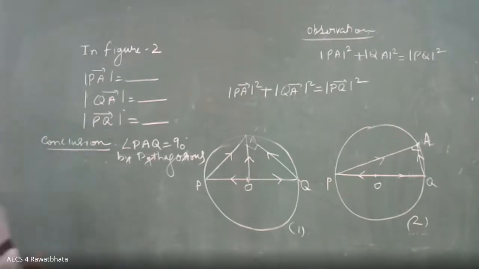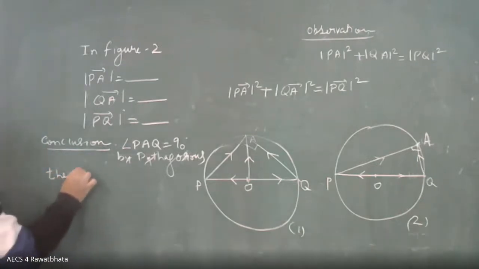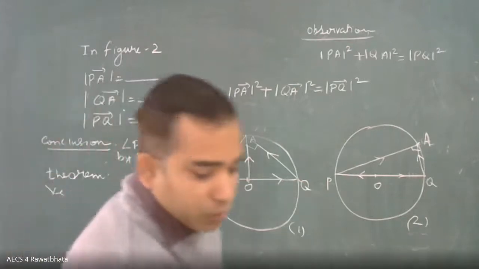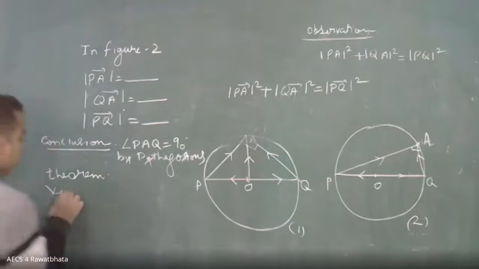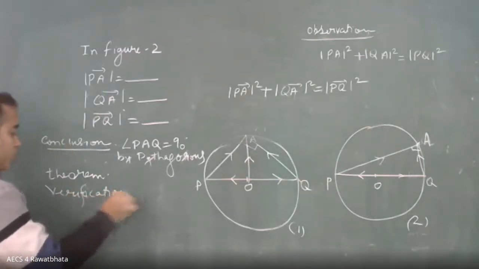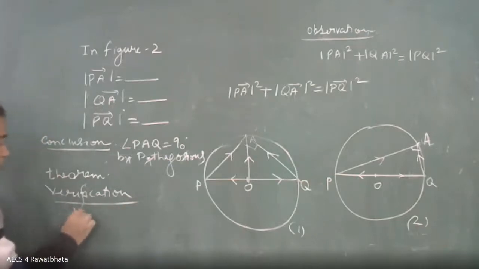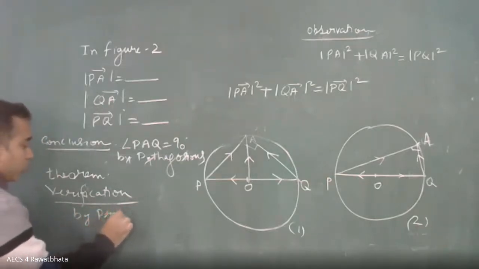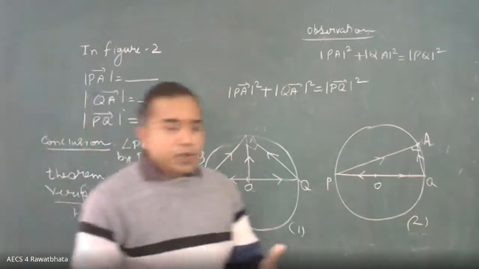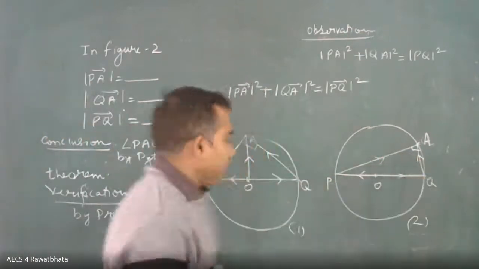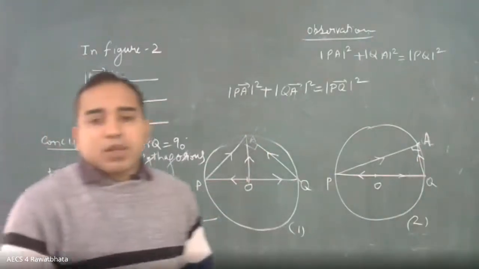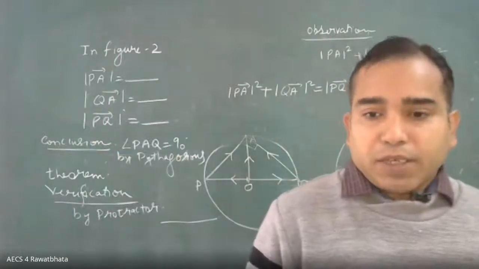Verification also let us do. Verification means one more method of doing the same. So you take a protractor and measure this angle, and that also will come 90 degrees. That's it. And this completes your activity number 9, the last activity.